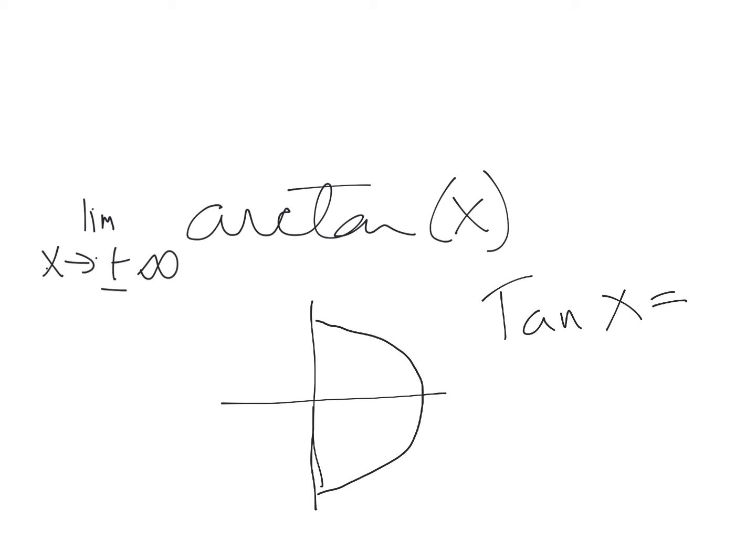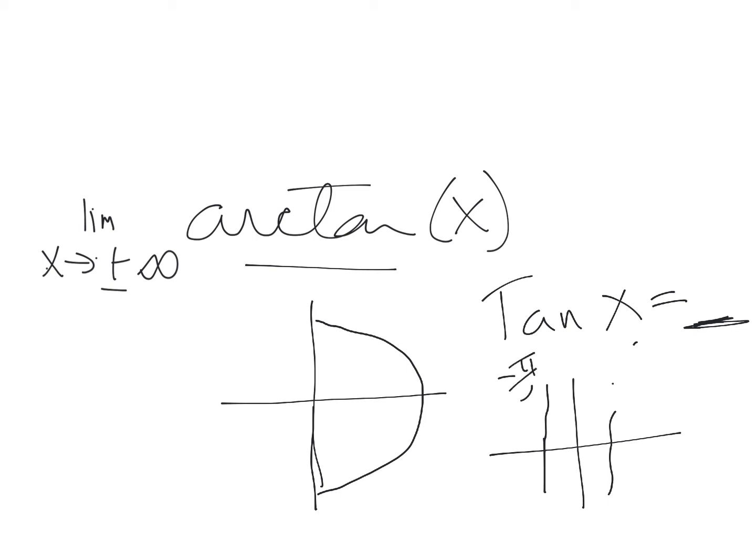So this function tells me, if you have this answer, what's x? Well, if you think about the tangent function, it has a vertical asymptote at negative pi over 2 and positive pi over 2, and then it repeats, and they look like this.